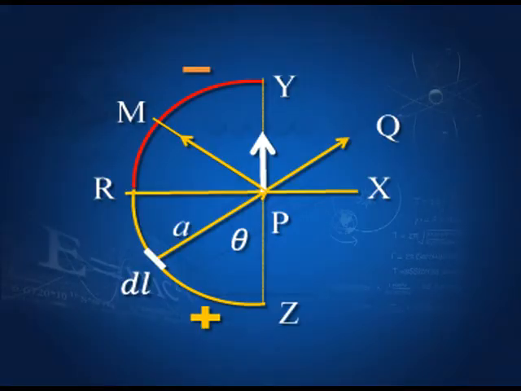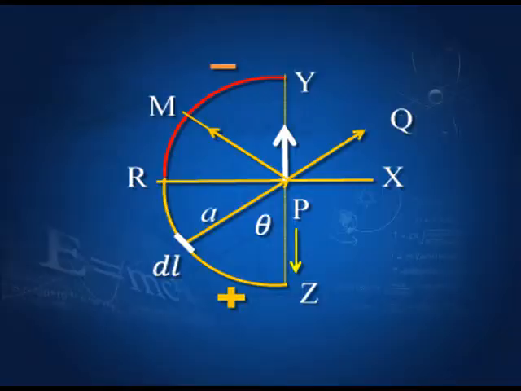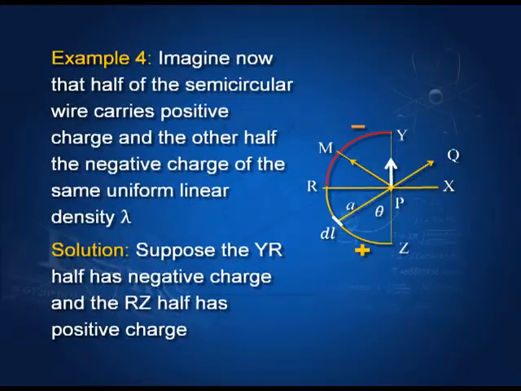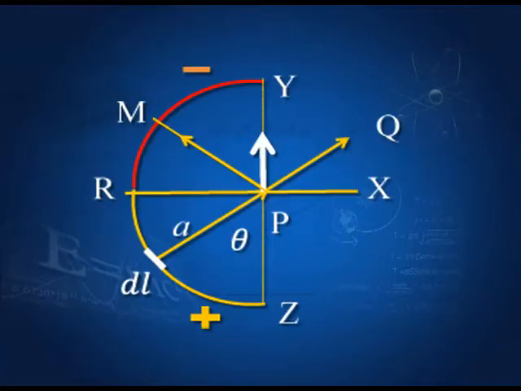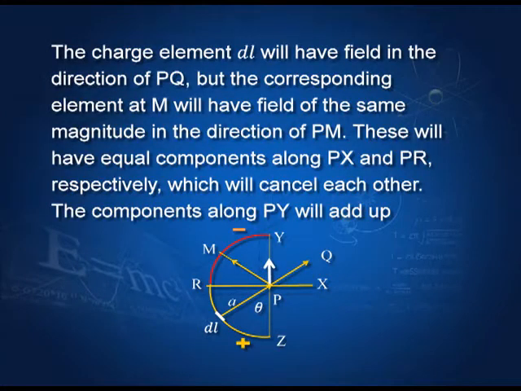If this is positive, this is negative, then it will be the direction P z. So, we can calculate. We know that these two components are being added, and we can express the components in terms of angle theta. So, the field E along P y is 2, because this is due to both the elements here on this side and on this side, positive and negative.